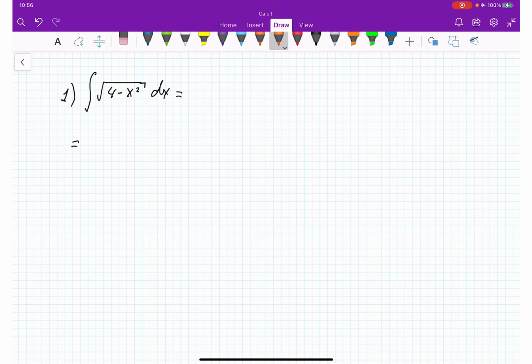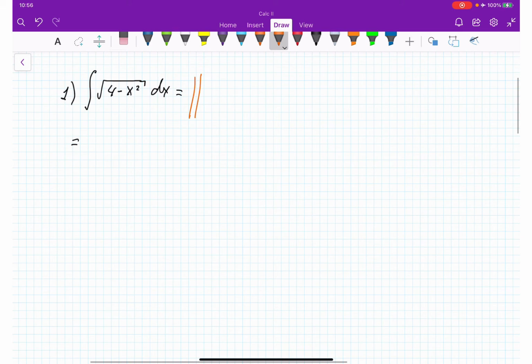So I'm trying x is equal to sine t. Okay, I'm substituting with sine t.